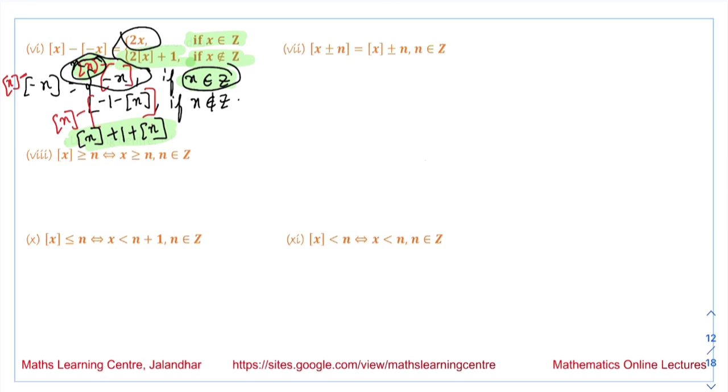Next is greatest integer of x plus minus n, that is equal to greatest integer of x plus minus n.